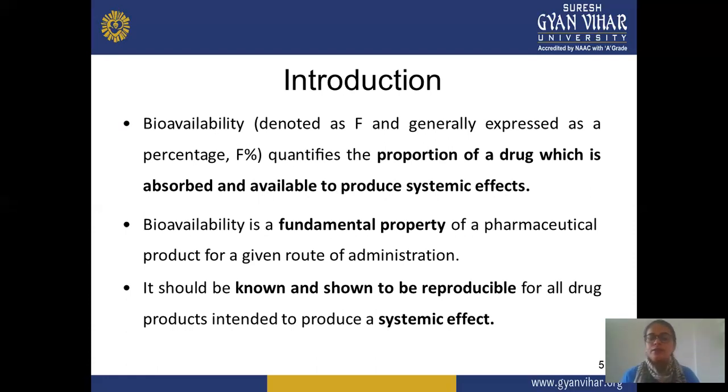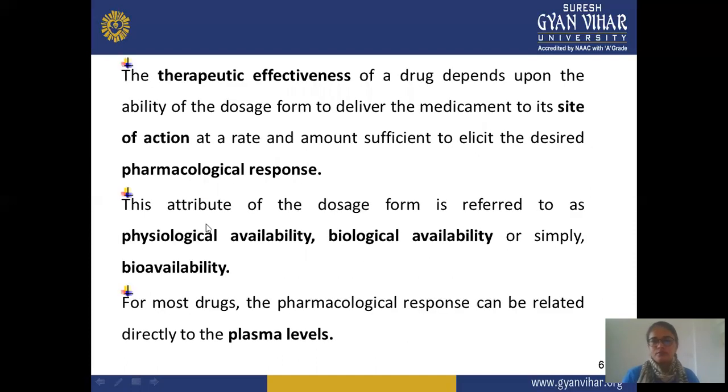Bioavailability is denoted by F, and it is the quantity of a drug required to show the particular desired effect in the systemic circulation. It is a fundamental property of a pharmaceutical drug and is shown in a reproducible manner for drugs intended to produce a systemic effect.